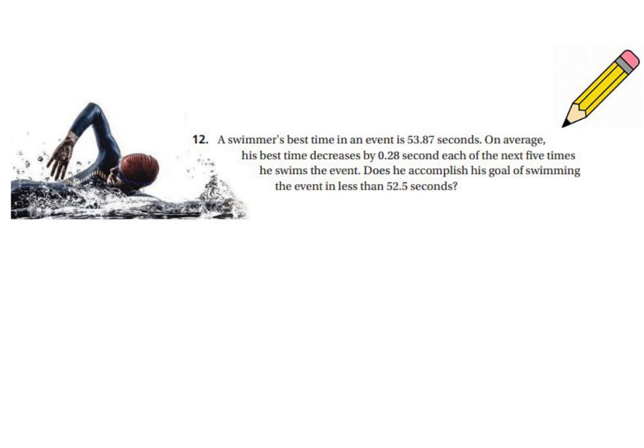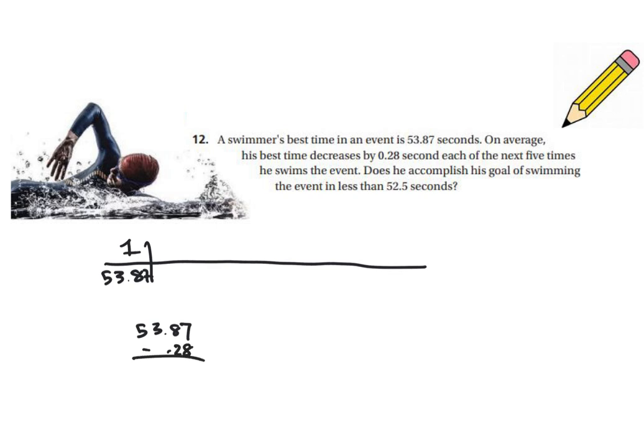So we can do this a couple different ways. We can draw a table, and we can say 53.87 seconds is his best time. On average, his time decreases by 0.28, so we could do 53.87 minus 0.28.